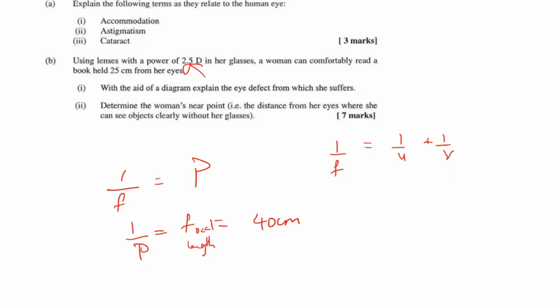The 25 would be the image distance in this case, because that is where the image is cast in front of her eyes using the lens, for her to be able to see it. So that would be the image distance. Let's see if we can manipulate this and find out the object's distance rather.